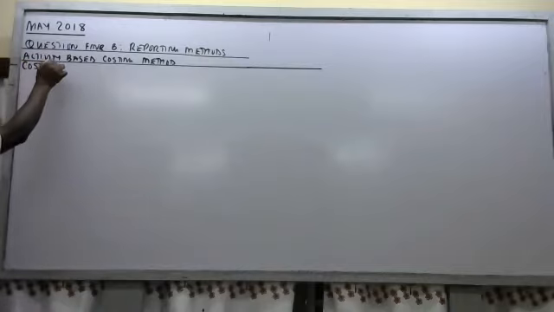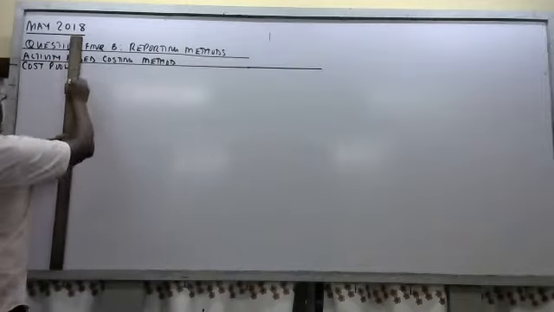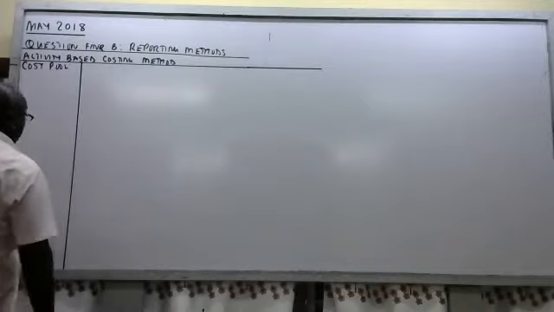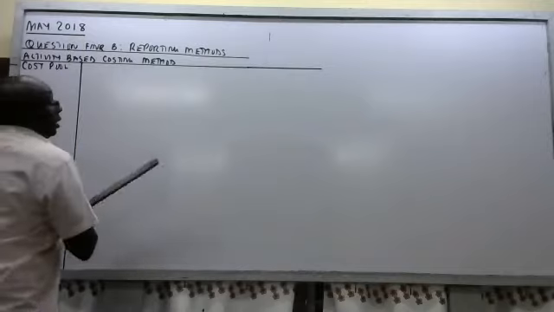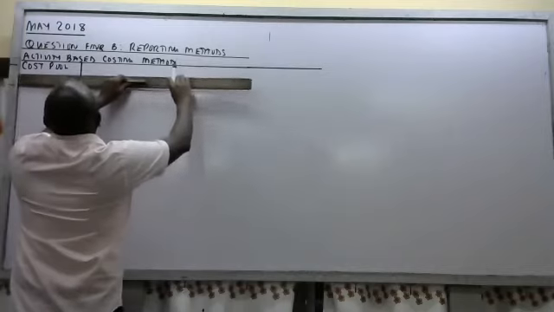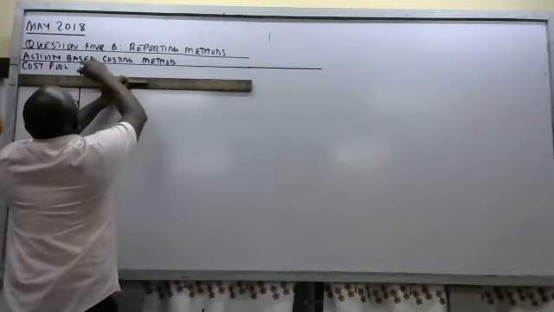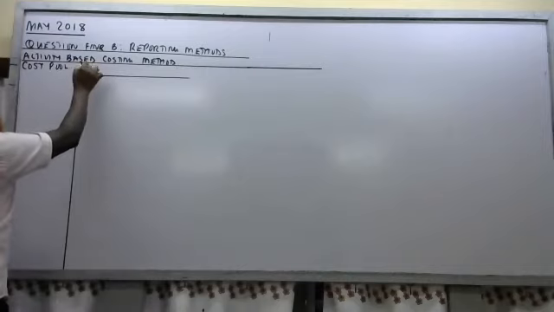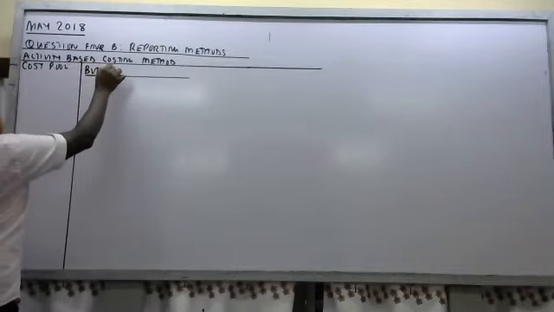So I want us to do it in a tabular format. We have the cost pool. Then we will have budget costs.